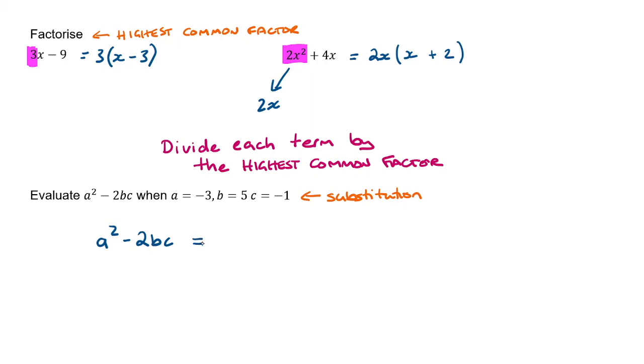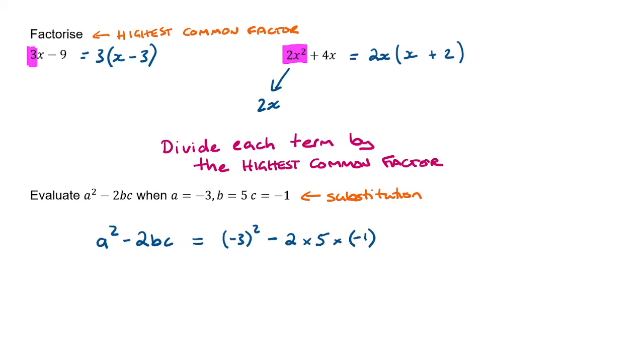Okay, so a is minus 3, we have a squared. So we have minus 3 squared. Okay, next we have our minus 2, and it's being multiplied by b, which is 5, and that's being multiplied by c, which is minus 1.